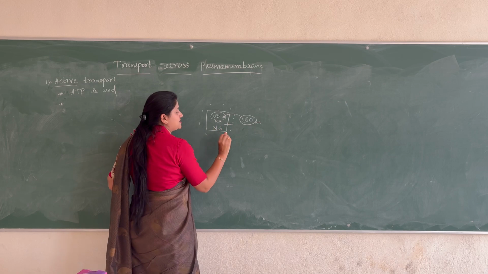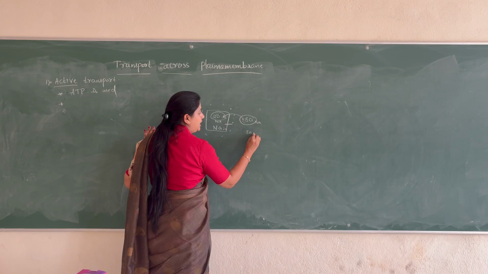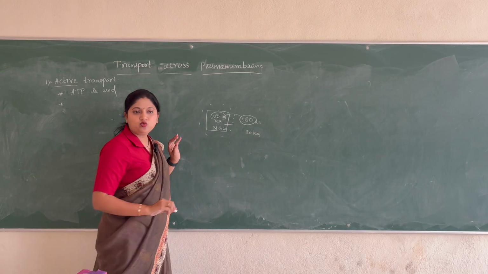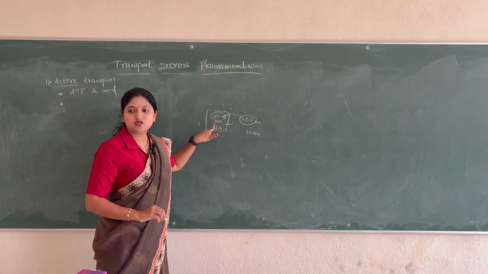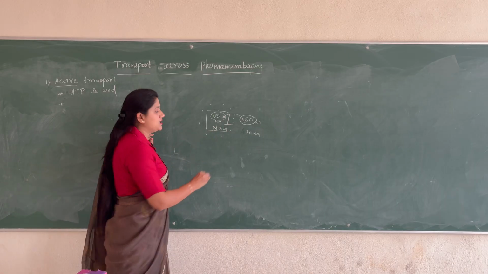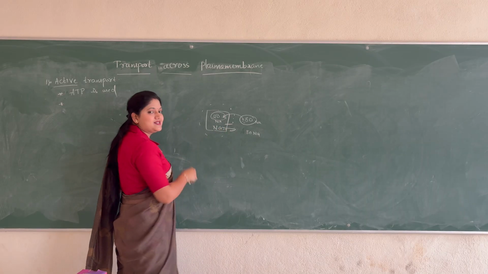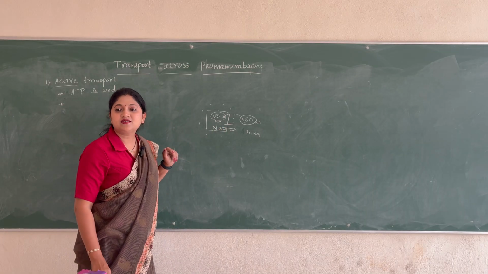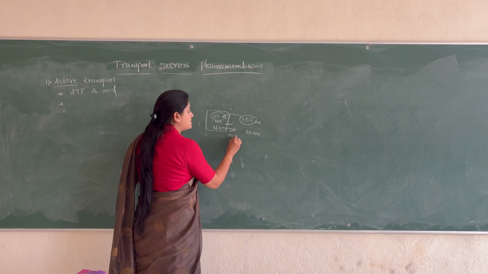Now again the same scenario, 20 Na+ and here 80 Na+. As a rule of equilibrium, the molecules have to move from the extracellular matrix to the cytoplasm. But what is happening here is, the molecules will still move from cytoplasm to the extracellular matrix. So this is against the concentration gradient.